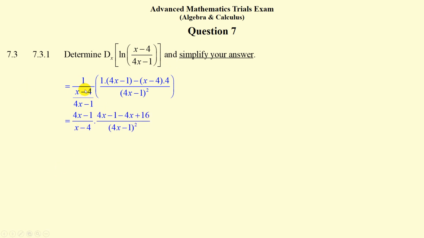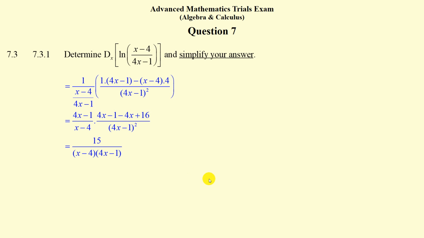So 1 over x minus 4 over 4x minus 1 becomes 4x minus 1 over x minus 4. We're simplifying this fraction. 4x minus 1 has cancelled into that 4x minus 1 squared. That's why we have a 4x minus 1 left. And we have x minus 4. And that simplifies to 15.